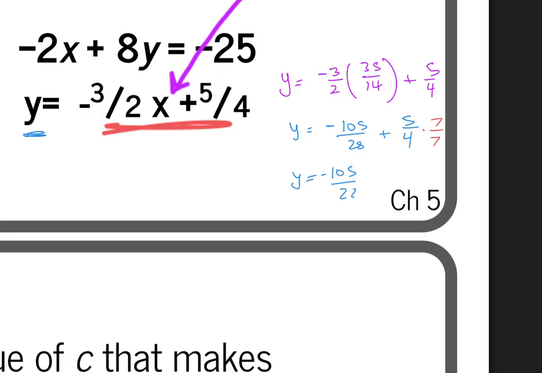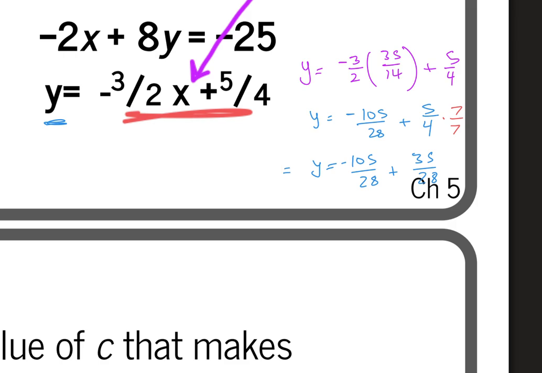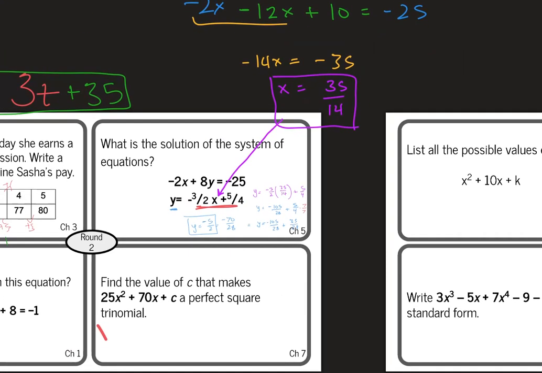Negative 105/28 plus 35/28. That gives me negative 70/28, which reduces to negative 5 over 2. y equals negative 5 over 2. So really our x was uglier than our y in this situation. But there we go. And if you don't believe it, you can plug those in yourself and find out. And it does work.